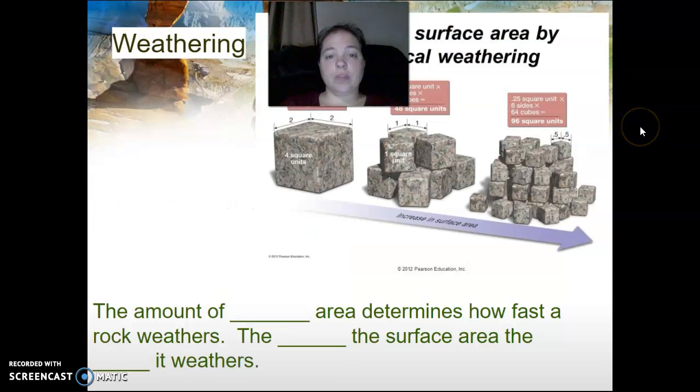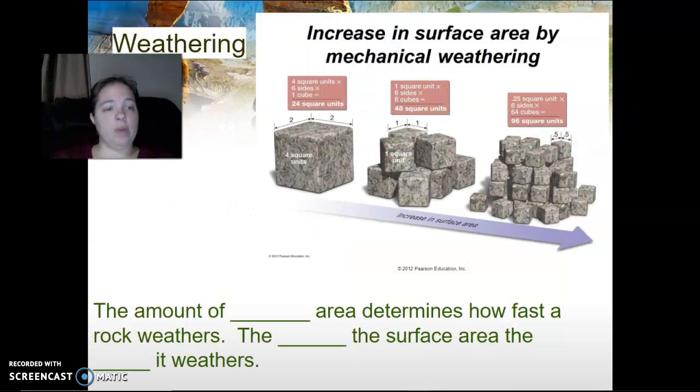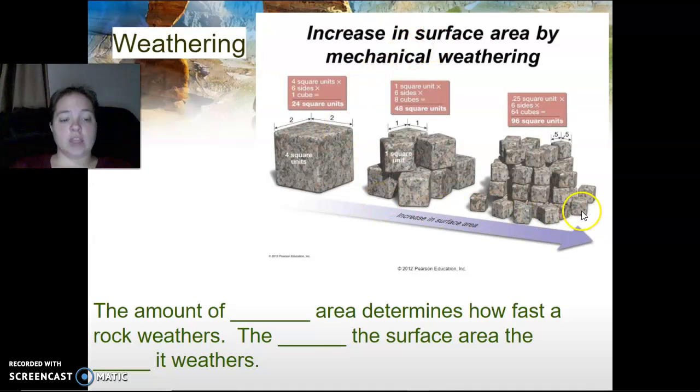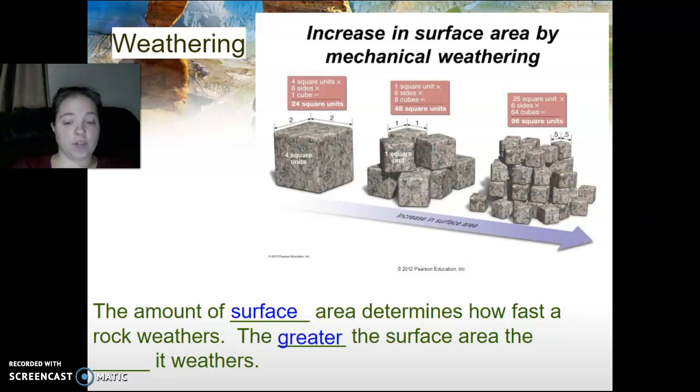All right. So this last thing that we see, the amount of surface area determines how fast the rocks weather. What do I mean by that? Well, the greater the surface area, the faster it weathers. So looking at this, here is one cube. It's a 2 by 2 by 2. That's the square, the surface area.